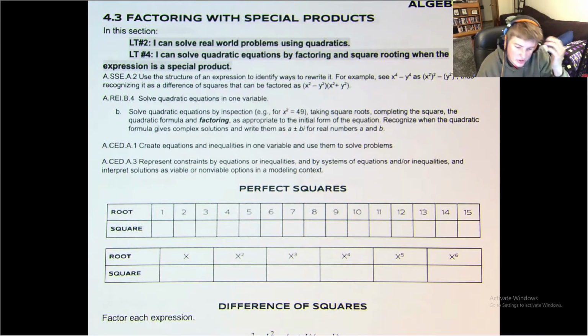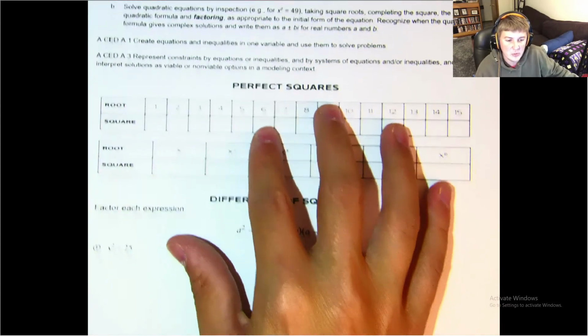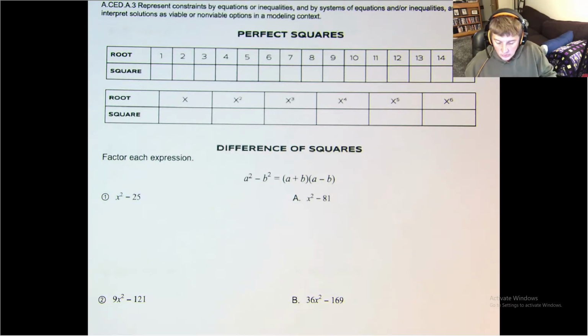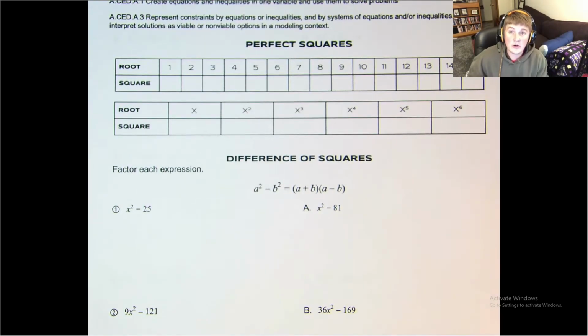Here we have to understand what perfect squares are. As far as numbers go, 4 is a great example of a perfect square because 2 times 2 is 4.